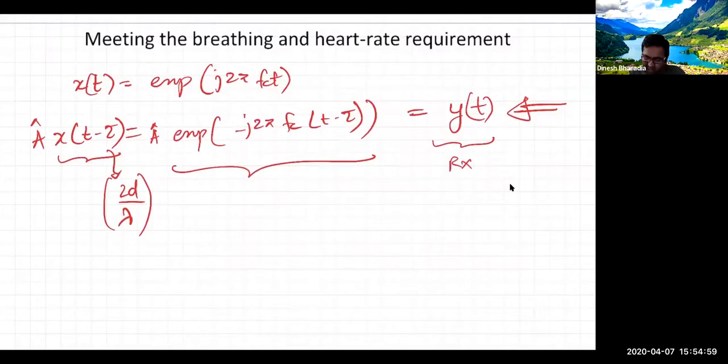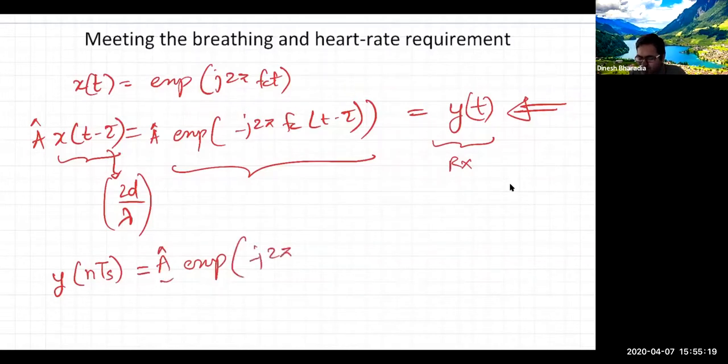So now with this received signal, what we do is we essentially take Y and sample it at n Ts points. So we take exponent of this, and I'm going to assume a hat to be constant for now: j2 pi fc (n Ts minus tau).